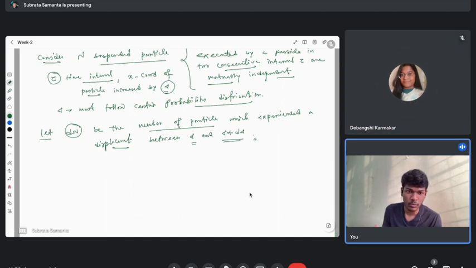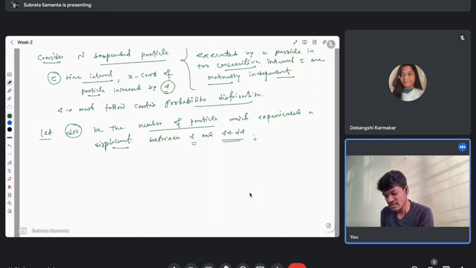So how do I know which particles are in which range? That's why I'm using the range delta to delta plus d delta. Within this range, how many particles have increased? Let's say we consider one particle, and in the first time interval its x coordinate increased by delta. Because all the particles are mutually independent, another particle can change by delta plus epsilon, some amount extra or some amount less.